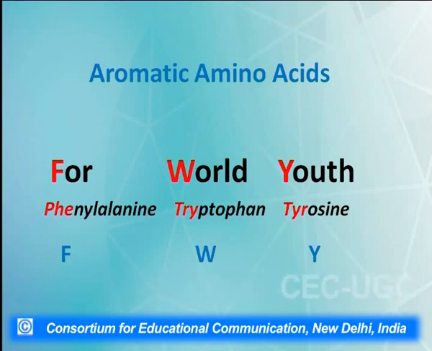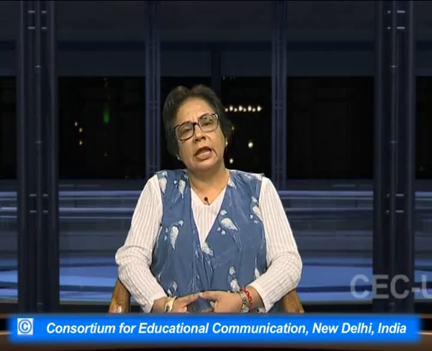So this is a simple method which I have proposed for you to remember the acidic, basic, aromatic, non-polar and polar amino acids. Because sometimes in objective or otherwise questions, they can ask us to name 2 aromatic amino acids or name the basic amino acids.